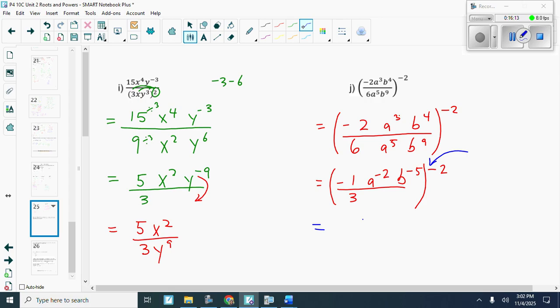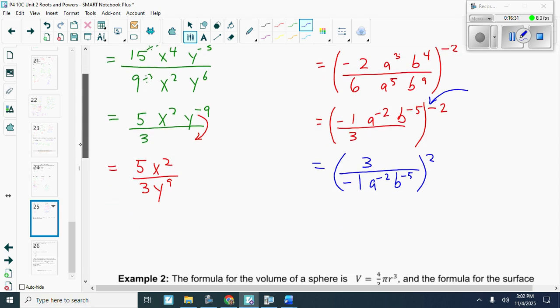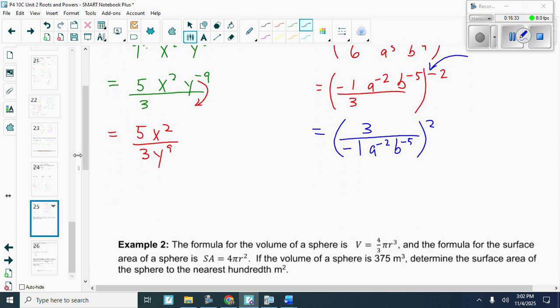So the 3 pops up, and technically I have a negative 1 on the bottom, an a to the negative 2, a b to the negative 5, and all of this is now squared. All I did was write the reciprocal. I haven't cleaned it up or fixed anything.